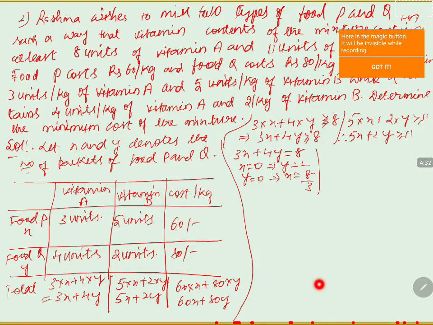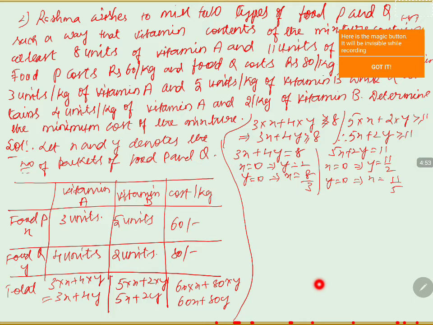Coming to 5x plus 2y is equal to 11, if x is equal to 0, then we get y is equal to 11 by 2. And y is equal to 0 implies x is equal to 11 by 5, right?